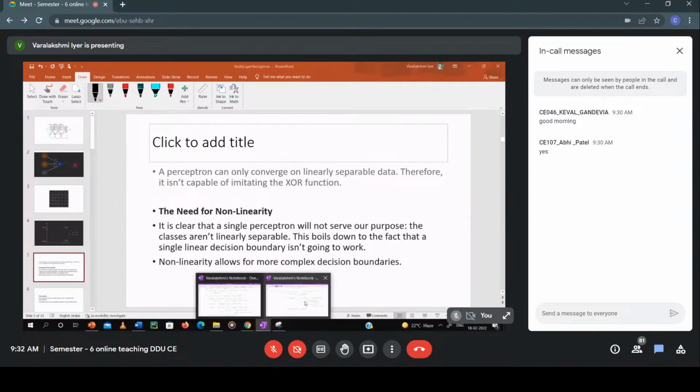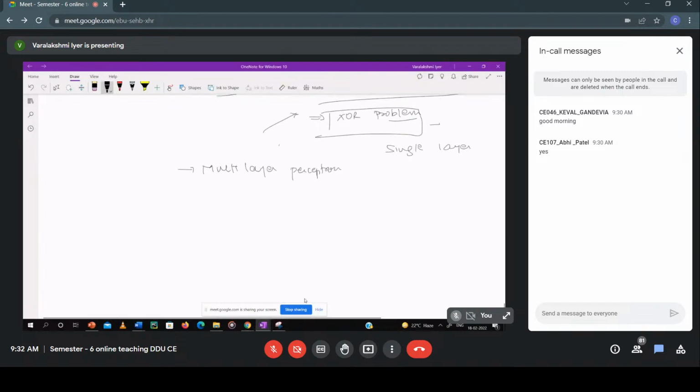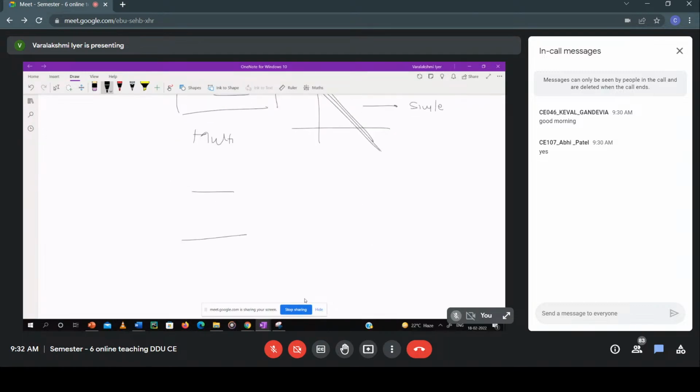So far the perceptron was dealing with linear data, where linearly separable data can easily be divided using a single layer perceptron. But when non-linearity is introduced into the data set, there is a need for a multi-layer perceptron. We saw in the previous lecture that we solved the XOR problem by introducing a hidden layer.